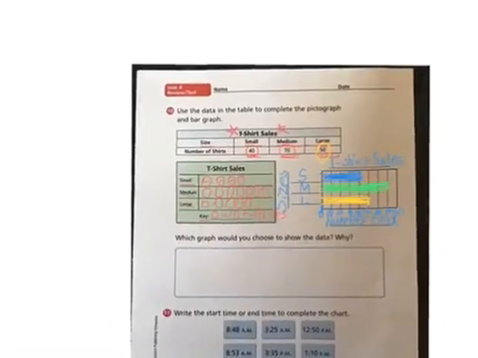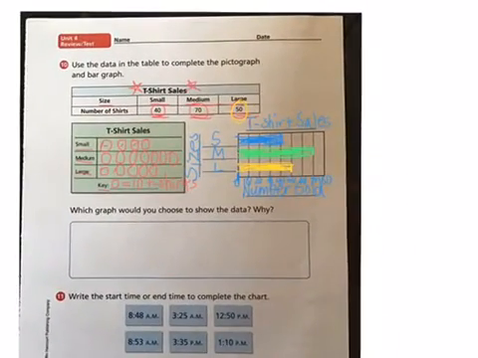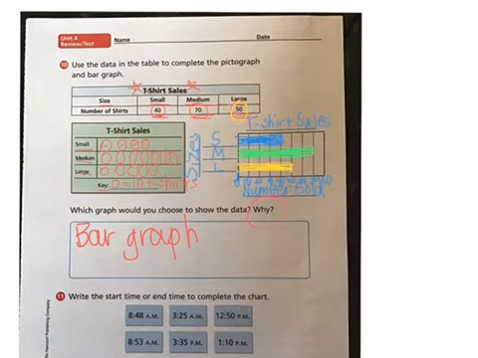The next part of question number 10 says, which graph would you choose to show the data? Why? So you did both of them, but now they're asking you which of these graphs you prefer. You can write down whatever works best for you. For me personally, I like the bar graph. I'm going to write my reason why, because it says why.